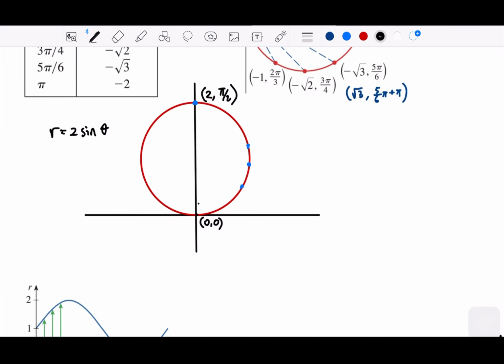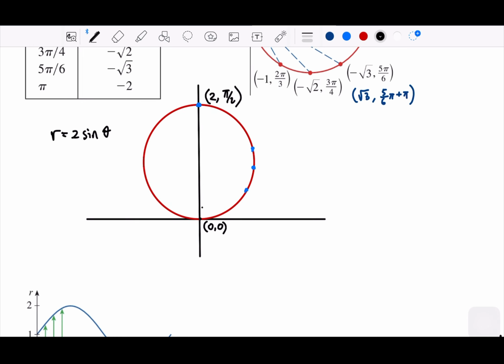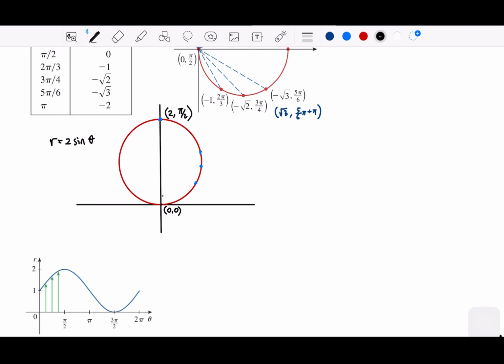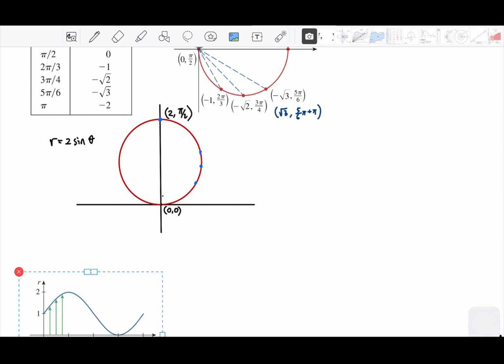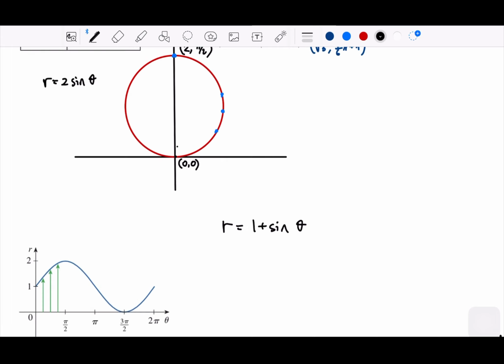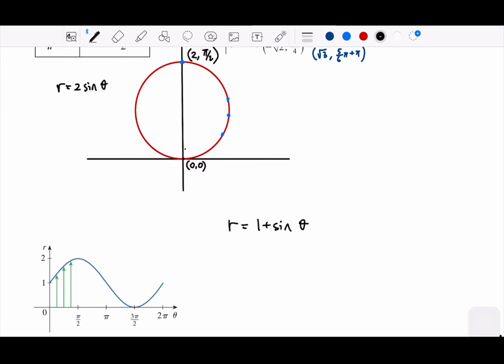Okay, another type of polar curve, aside from the circle, is what we call the limaçon, or the cardioid. Okay. Let's say we want to sketch r = 1 + sine theta. One way we are going to sketch this is we plot the points. Very similar: plot the points, take special angles.